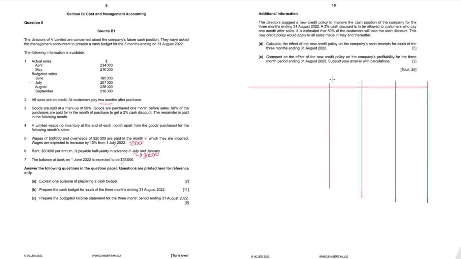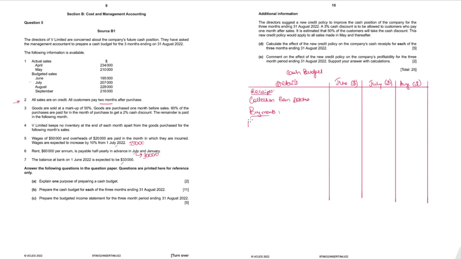So we'll have 3 columns on the right hand side: June, July and August. Receipts first. When it comes to receipts, there's only one receipt, which is collection from customers. So collection from debtors, and then we'll have the payments.